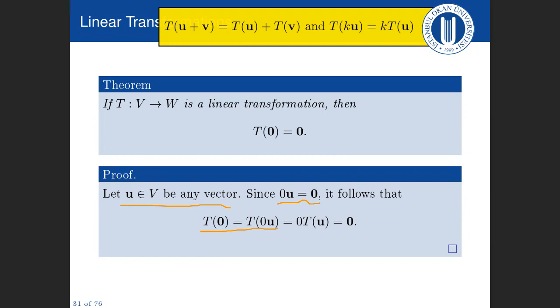So T of the zero vector is going to be T of the number 0 multiplied by U. But because T is a linear transformation, the number 0 we can take outside of the function, so that we get the number 0 multiplied by TU. TU is a vector, multiply a vector by the number 0, we get the 0 vector. So that's it, that's the whole proof.